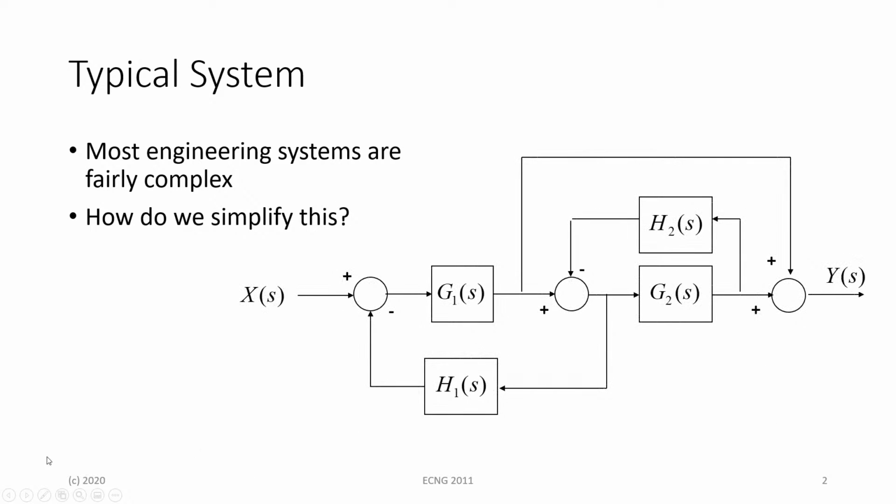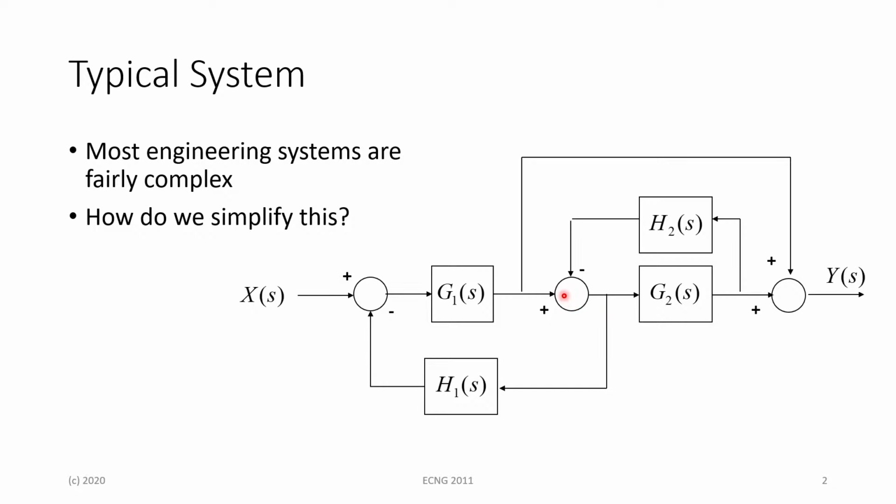So typically, whenever we're dealing with engineering systems, they tend to be somewhat complex in nature. They never tend to be simple, and as such, you can see that there will be several interconnections here and there, and connections in between other systems and so forth.